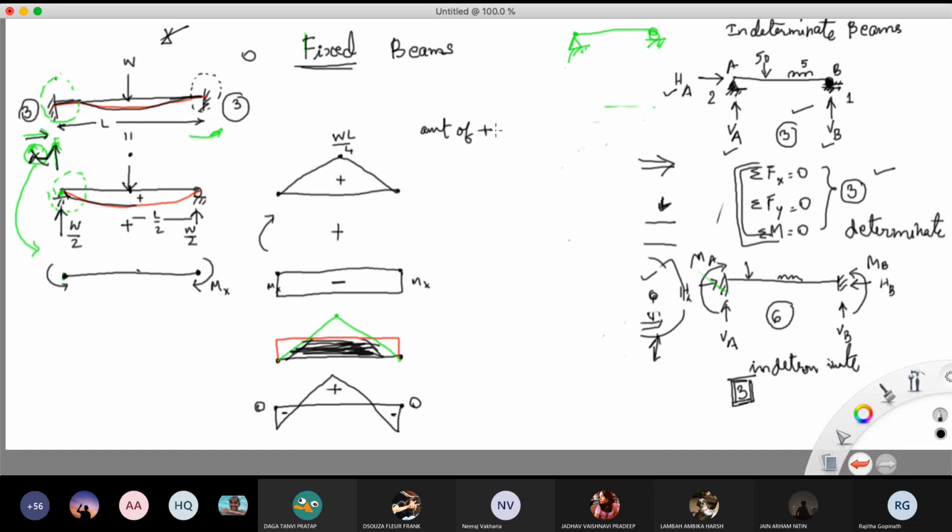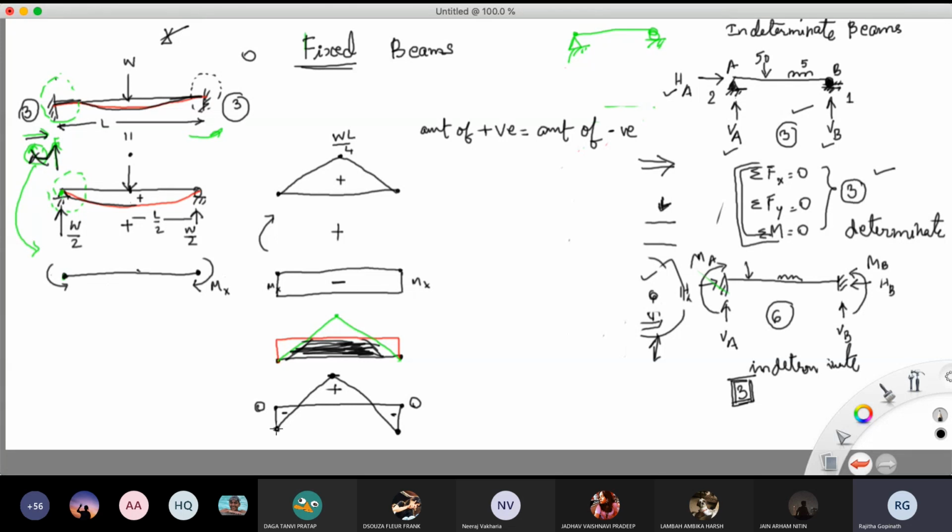हो गया? Thank you. Okay. So now what we have to do is we have to figure out what is the total quantity, right? What is we have to quantify, means we have to know, okay, यहाँ पे कितना value है, यहाँ का value कितना है, what is the negative moment at that joint, what is the maximum sagging moment that is happening here, and what are happening at the edges. ठीक है?